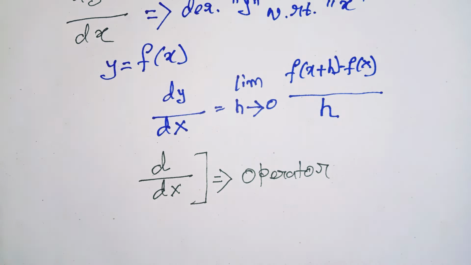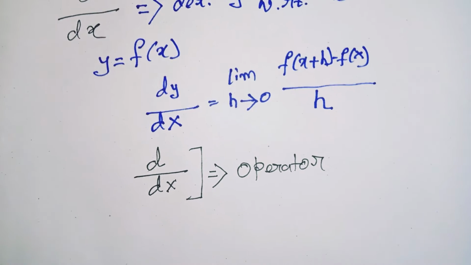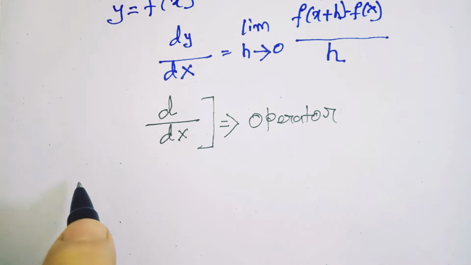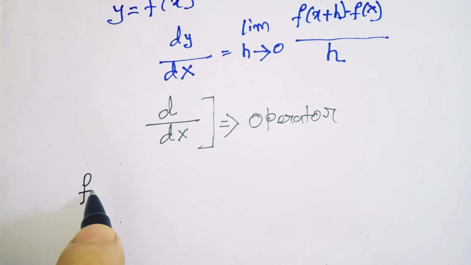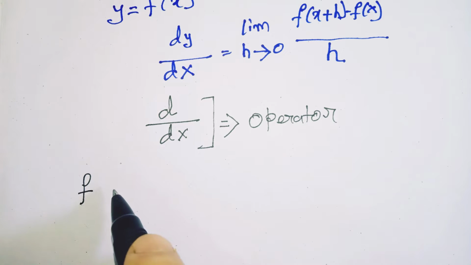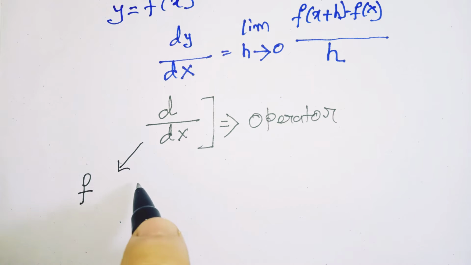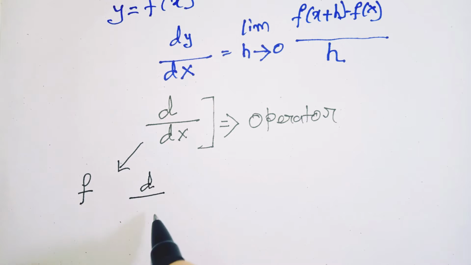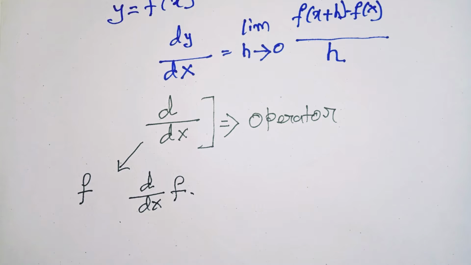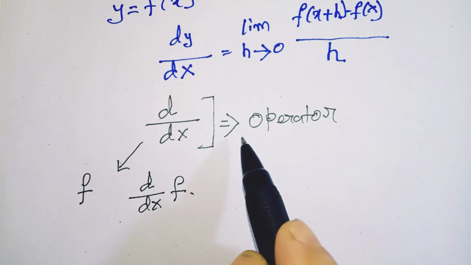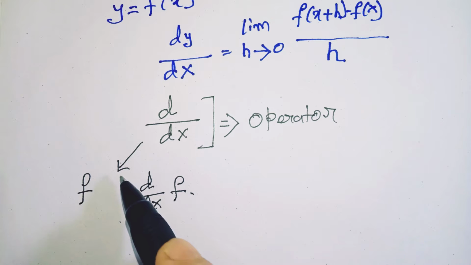So, for example, if f, let me write it over here, if I consider f to be a differentiable function, we can apply d by dx, and we write d by dx f. So what we are doing over here is using the operator d by dx on the function.